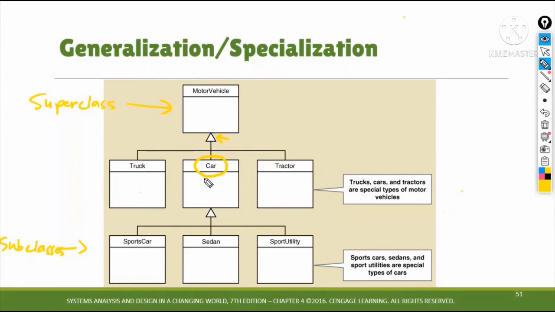So here the car has three subclasses: the sports car class, sedan class, and sports utility class. So the superclass motor vehicle has three subclasses: the truck, car, and tractor. So these are all types of motor vehicle, but these classes here are only a subclass of a car because these are not a truck, these are also not a tractor, but these are all special types of car.